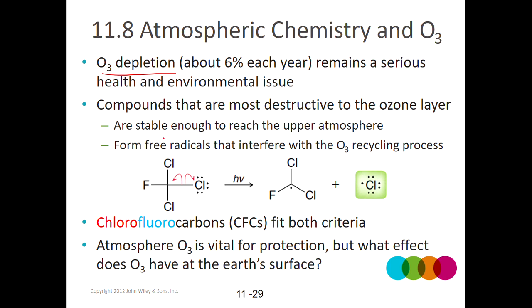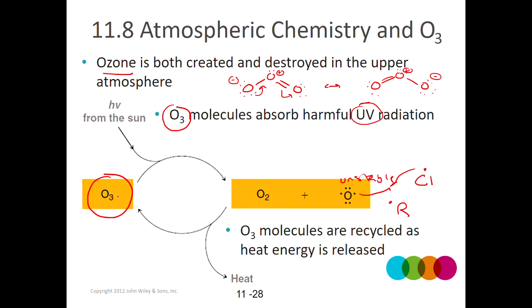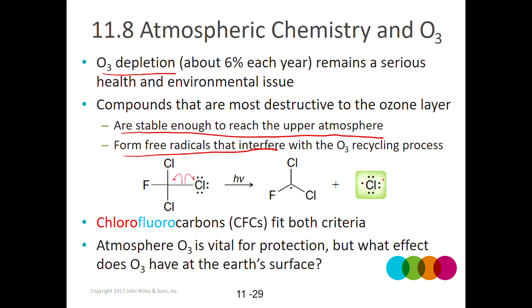But anytime humans create molecules and put those into the environment that are stable enough to reach the upper atmosphere where we need ozone to exist, but also then can form free radicals in the atmosphere and start to interfere with the regeneration of the ozone by picking up these oxygens and reacting by coupling with them, that's going to cause continual depletion of the ozone layer, which is a major problem that we need to keep under control.